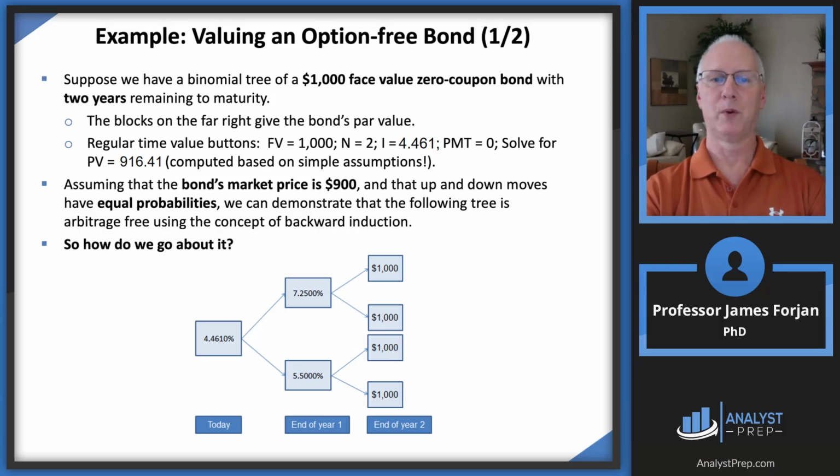And that was a simple application using our regular time value of money buttons on the calculator to arrive at a present value, right? And what we assumed back in the introductory investments class is that the term structure is fixed over the life of the bond, and that the interest rate or the yield to maturity is that 4.661% today, and it remains as such over the next 2 years. If that's true, well, then the bond price is going to be 912.